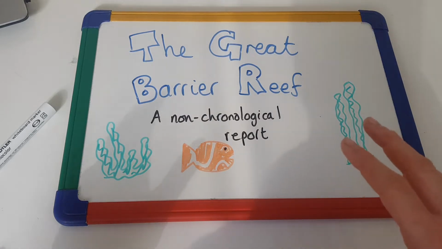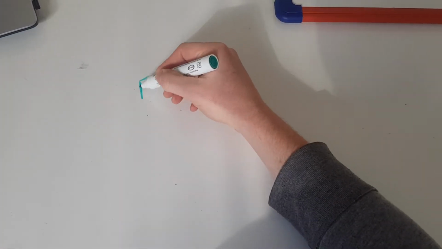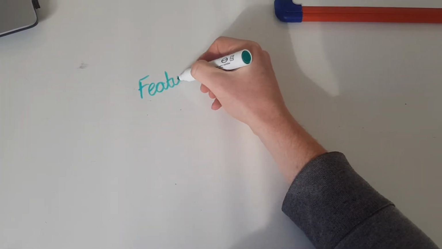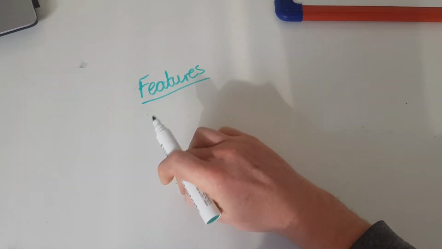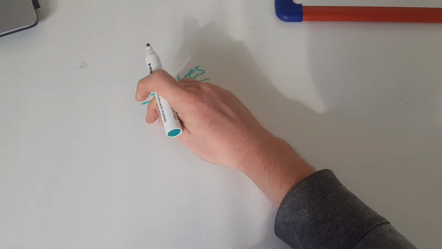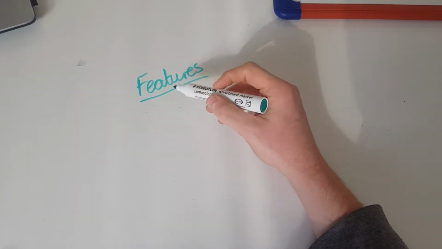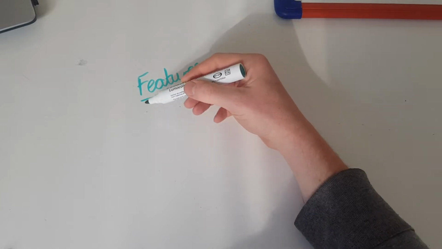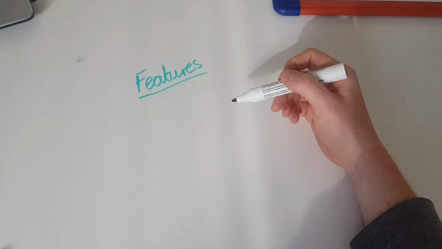So we're looking at, first of all, trying to remind ourselves of the features of a non-chronological report. There are around, I'd say, 5 or 6 main features that you want to look at. So if you just pause the video now and try and come up with a bullet point list of the features that you want to be looking at for a non-chronological report.